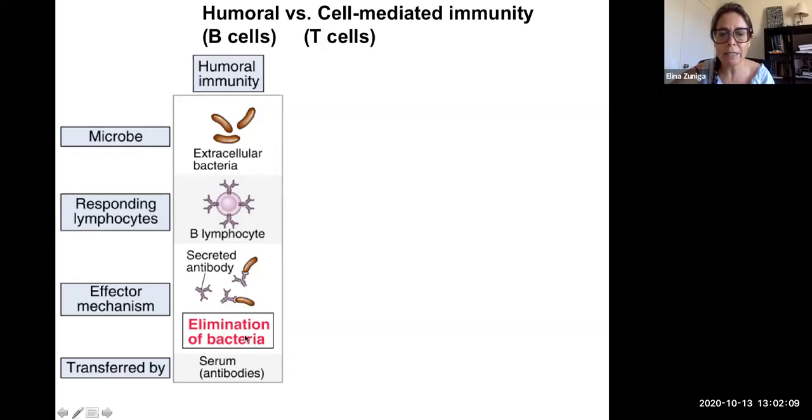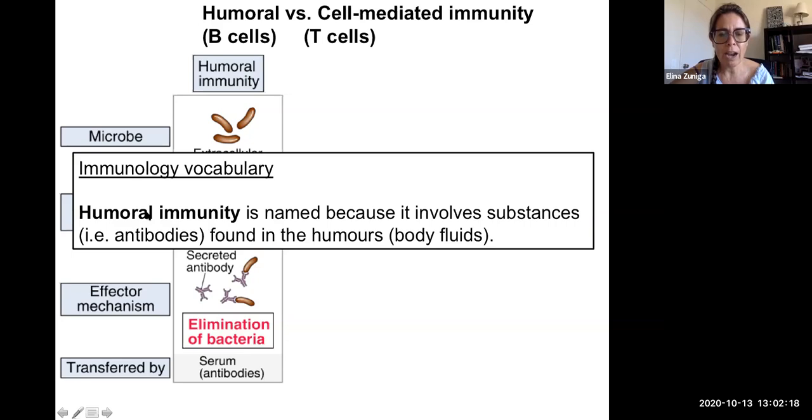And so these antibodies are soluble, right? So they are in the serum or the extracellular fluids. Because they are in these body fluids, it is called humoral immunity. So humoral immunity, or immunity mediated by B cells and antibodies, is named because it involves substances, antibodies, that are found in the humors, the body fluids.